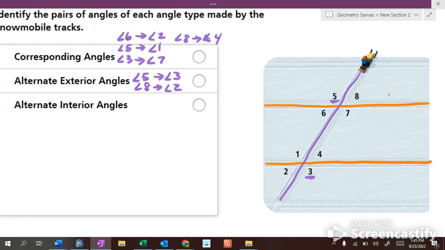Very good. Then alternate interior angles have to be to the inside. So angle 1 is alternate interior with angle 7. And angle 6 is alternate interior with angle 4. Okay? So we're good with that. You got to know which are which.